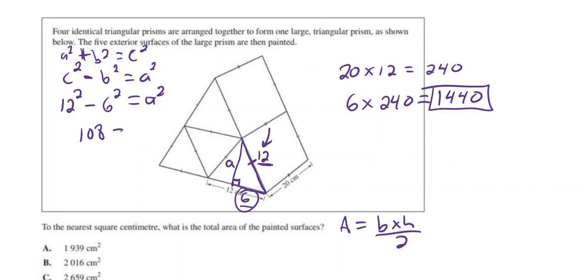So 108 is equal to a squared. Very last thing we're going to do is take the square root of both sides. So those cancel, so we get the square root of 108 is equal to 10.39. So that's equal to a. Right, so that means our height here is 10.39.